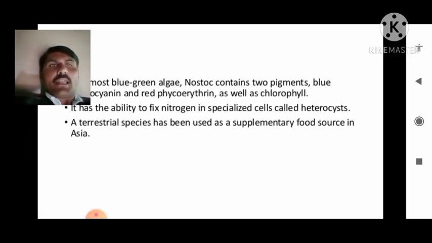Like other blue-green algae, Nostoc contains two pigments, phycocyanin, that is blue, and phycoerythrin, that is red, as well as chlorophyll. This alga has the ability to fix nitrogen in the special cell, that is the heterocyst. Terrestrial species have been used as a supplementary food source in Asia.